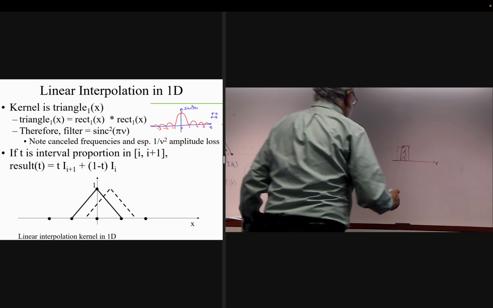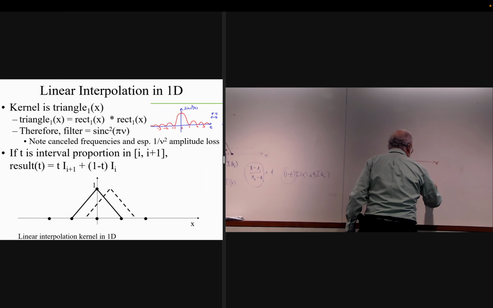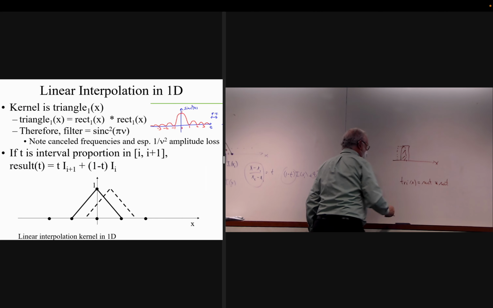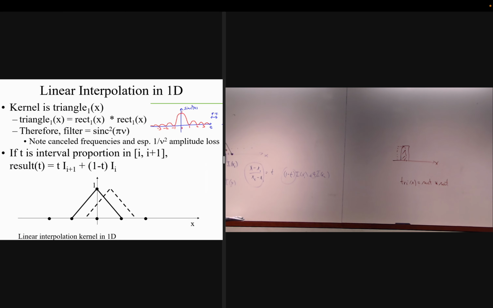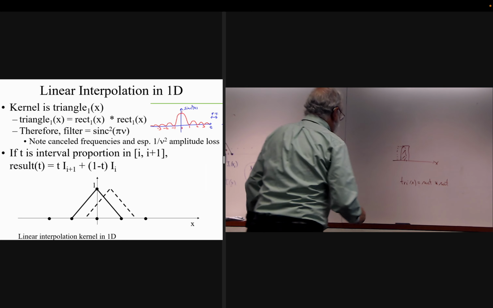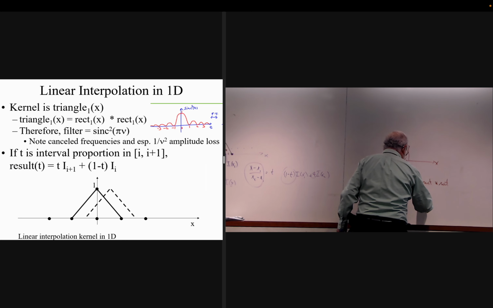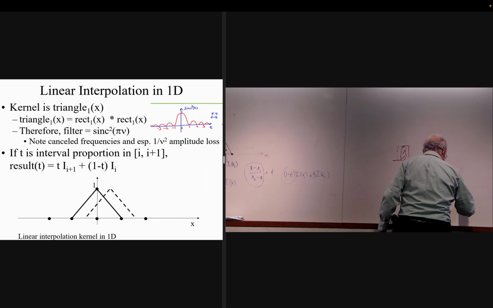What we learned was that triangle of x was simply rect convolved with a rect at some appropriate width. If that's so, the Fourier transform of the triangle is the product of the Fourier transform of rect and the Fourier transform of rect.